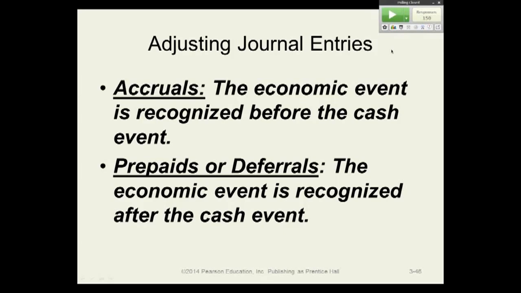Another type of deferral is where you pay for services up front. So what if you pay for insurance, you pay for rent, even a plant asset, even a building? When you buy that, you're prepaying for that service. So if you pay for it first, it's a deferred or a prepaid expense. When you use it up, it becomes an expense. So the example we had earlier with the office supplies are deferred.